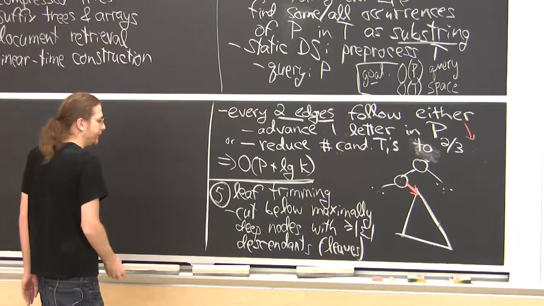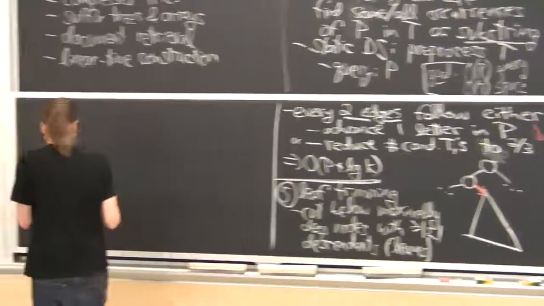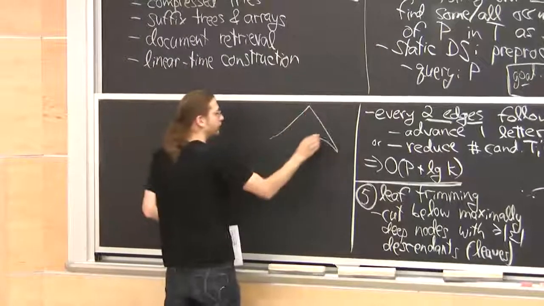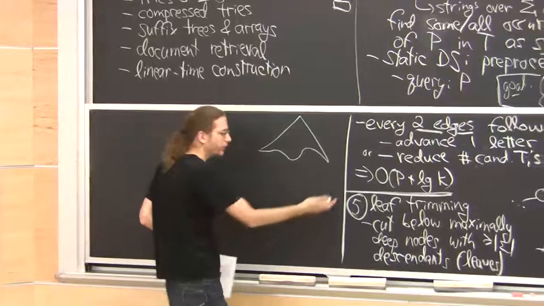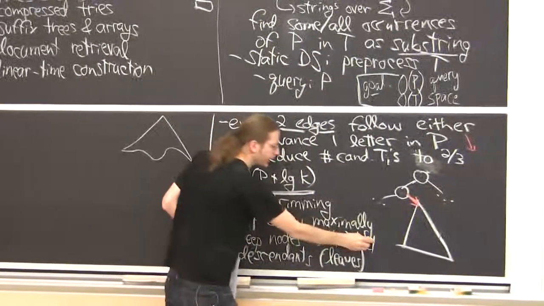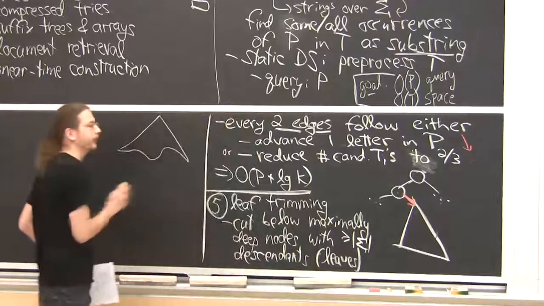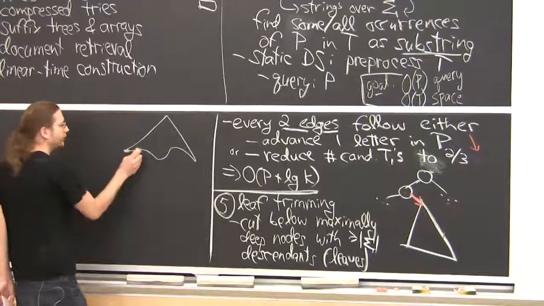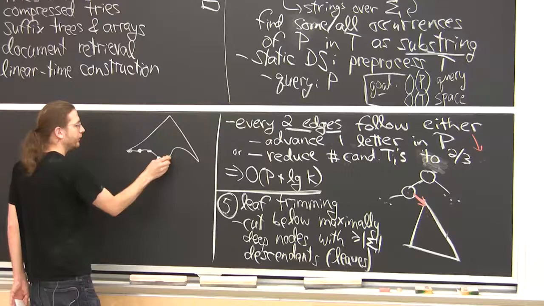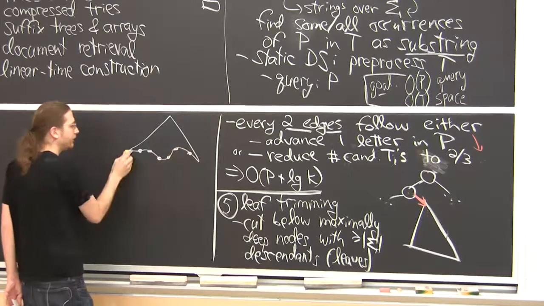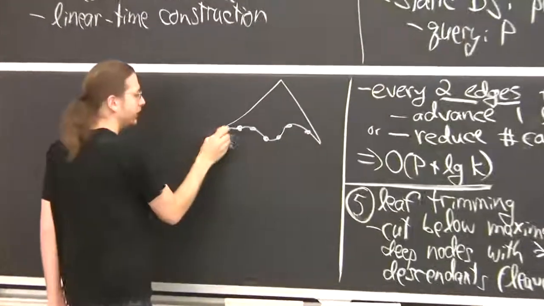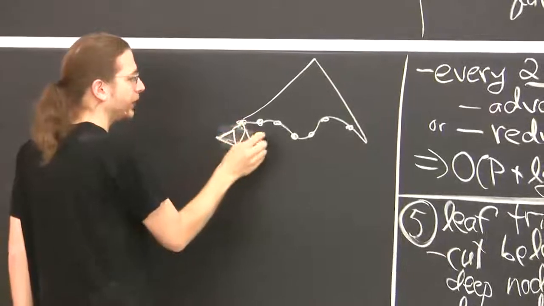Let me draw a picture maybe. This is pretty much what we did before, except before this magic number was log n, or half log n or something. Now it's going to be sigma that we need. So the idea is we find these maximally deep nodes, dots, that have at least sigma descendants, with in general multiple things hanging off here.